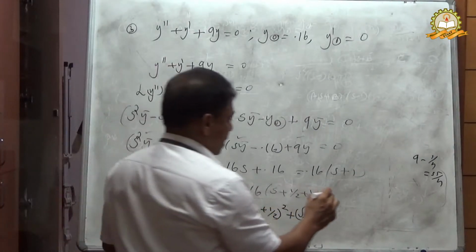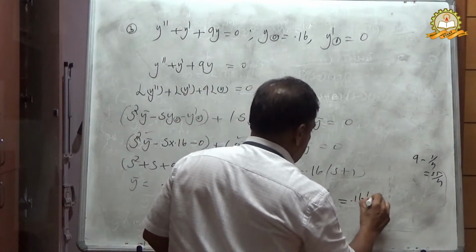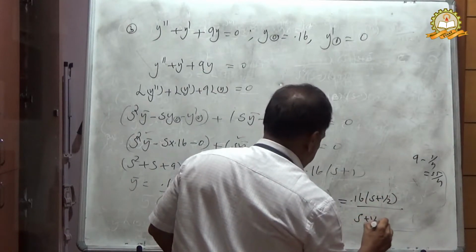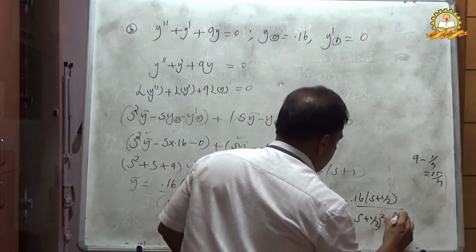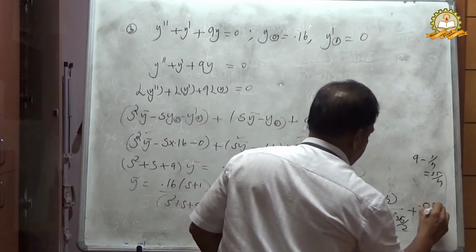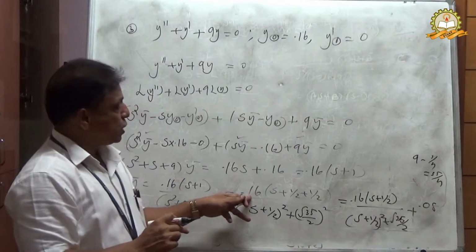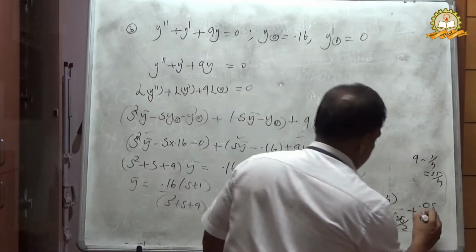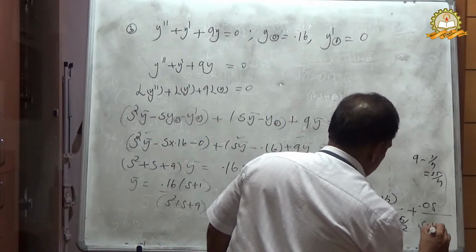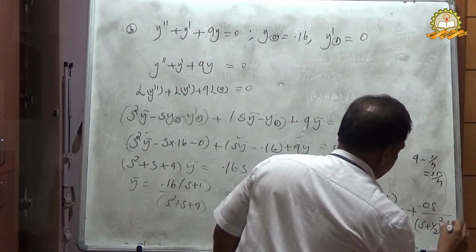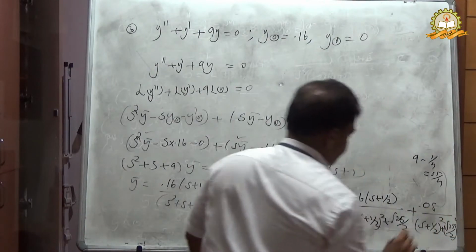Therefore, this can be written as 0.16 into s plus 1 by 2 divided by s plus 1 by 2 the whole square plus root 35 by 2 the whole square, plus 0.08. When we multiply 0.16 into 1 by 2, the result is 0.08, divided by s plus 1 by 2 the whole square plus root 35 by 2 the whole square.